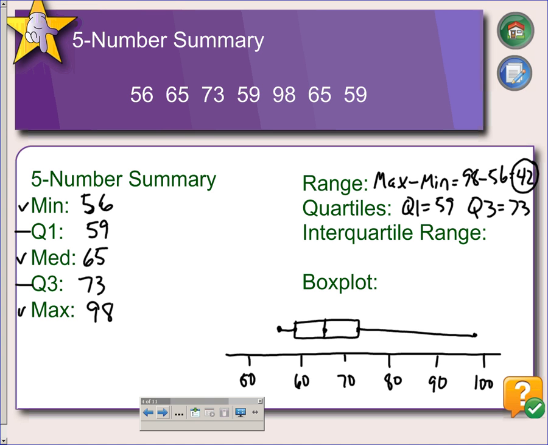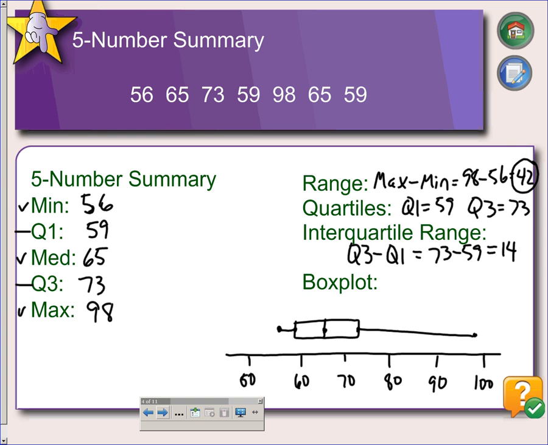You use the quartiles to find the inner quartile range. It's similar to a regular range, but instead of using the max minus the min, you use Q3 minus Q1. So in this case, 73 minus 59. And that equals 14. So the IQR is 14.